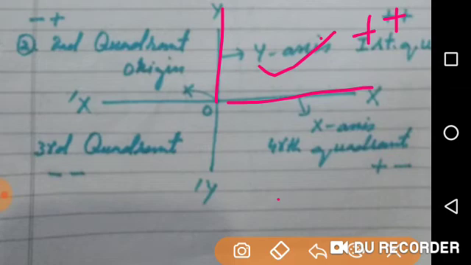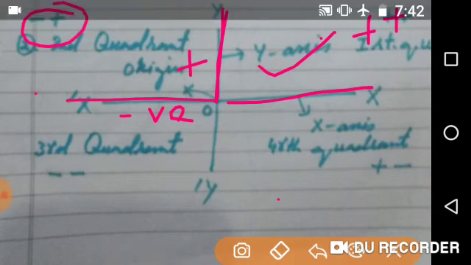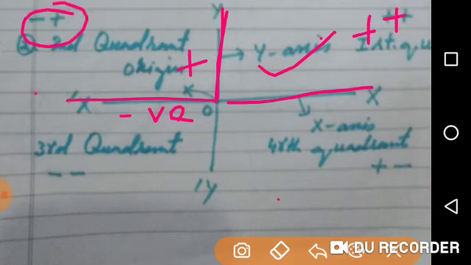Similarly, in the second quadrant, you will find values of x are negative and values of y are positive this side. So you write minus and plus here.